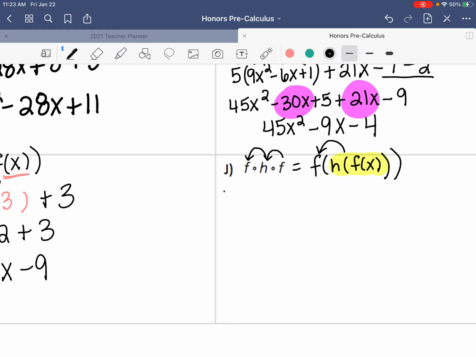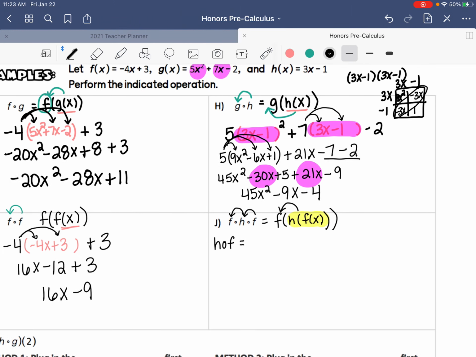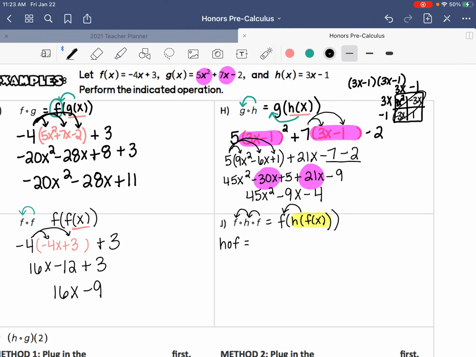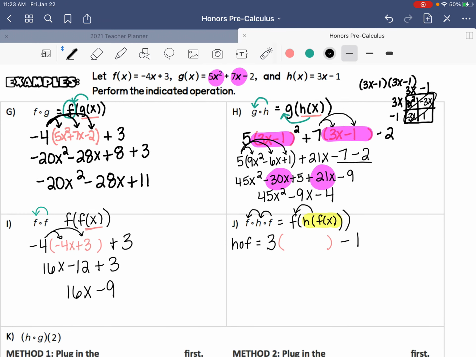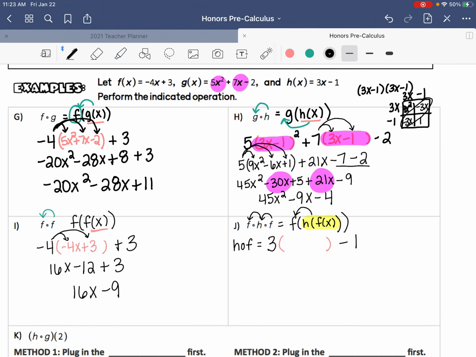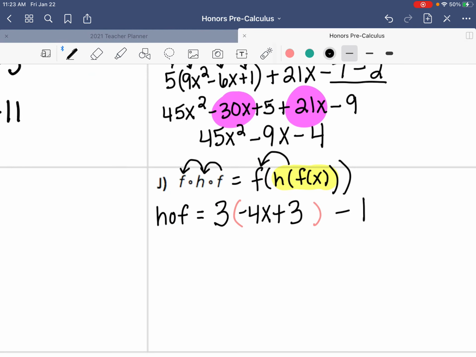So I'm going to start with the h function. So we're going to do h of f first. So h of f, so h is 3x minus 1. So we're going to do 3. We're going to take the x out, put parentheses, minus 1. And we're going to plug in the f function. So the f function is going to be negative 4x plus 3.